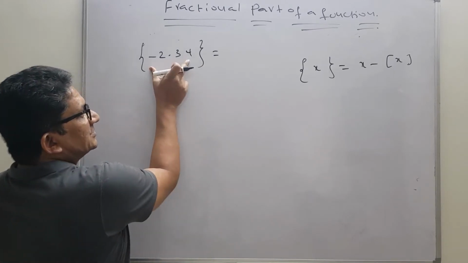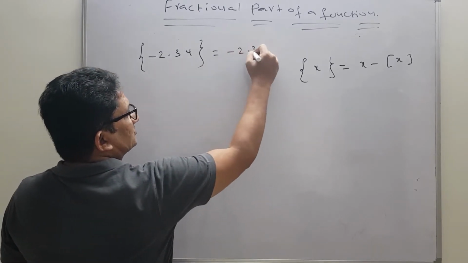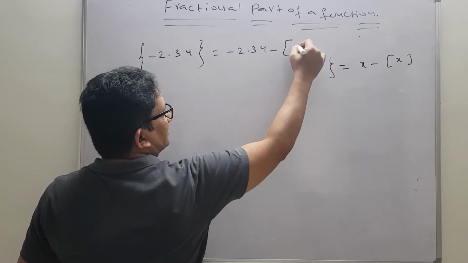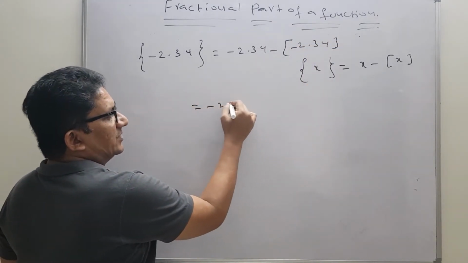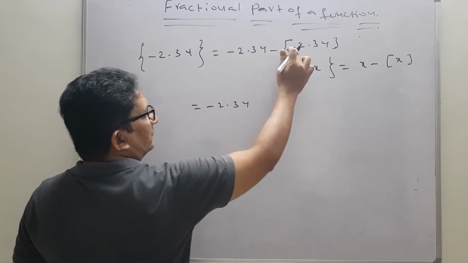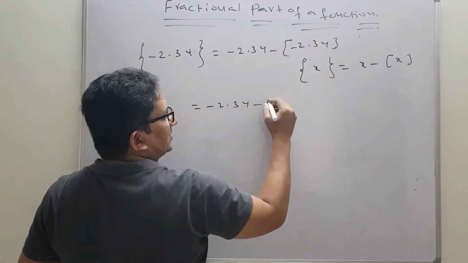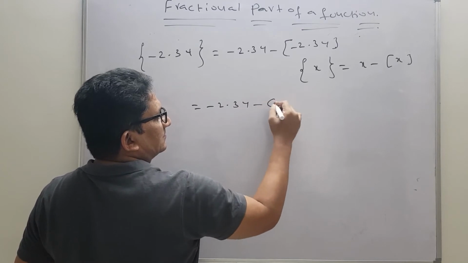Here x means this whole content, so it is minus 2.34 minus [minus 2.34]. This equals minus 2.34, and we know that [minus 2.34] is minus 3.